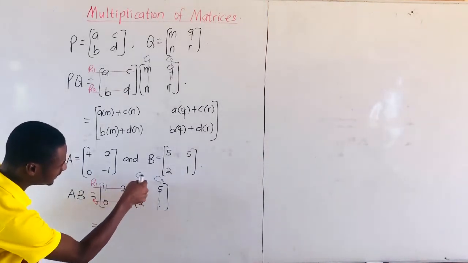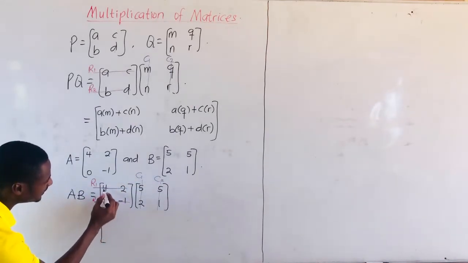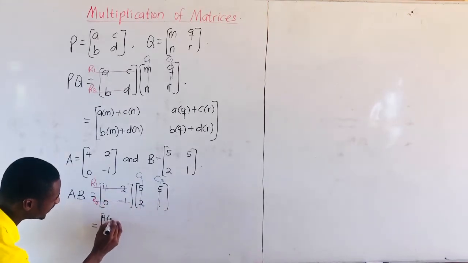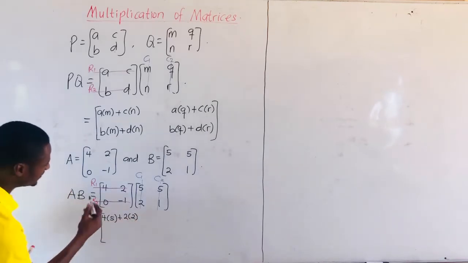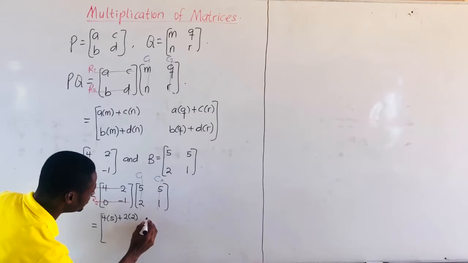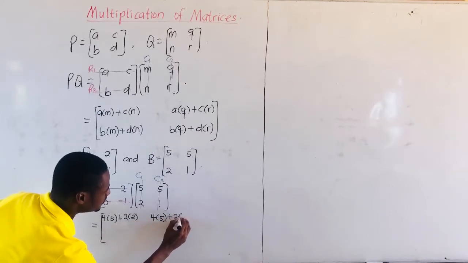Row 1 times column 1 is going to give us the first by the first, second by second. So we have 4 times 5 plus 2 times 2. Then row 1 by column 2 is going to give us 4 times 5 plus 2 times 1.